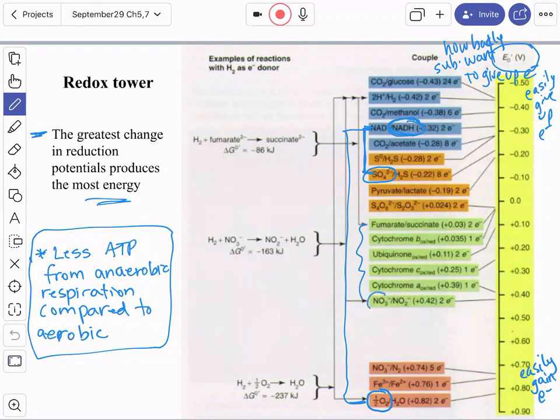Here's nitrate, that's another we talked about as a final electron acceptor, so that's giving us some energy. This is an even further reduction of nitrate, so a little further. Iron, even better, but none of them are as far as if oxygen is used. So again, you get a good amount of energy, more than what you'd get from fermentation, which we'll talk about next, but not as much as aerobic respiration.